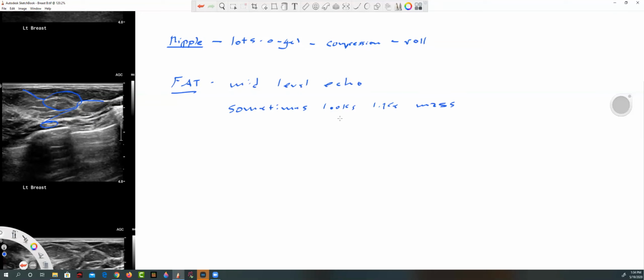So go ahead and stop. See, does it connect with other fat? Is it completely by itself, totally and utterly surrounded by an echogenic fascia? If it's completely surrounded, that's probably a mass. But if it connects, then it's fat. If you turn on it and now it looks normal again, then it's fat. Cooper's ligaments, they can shadow.